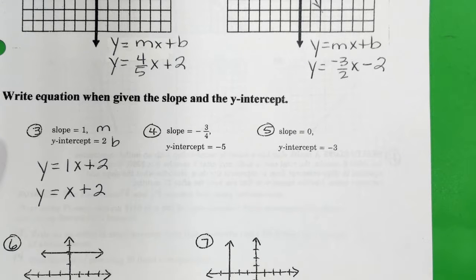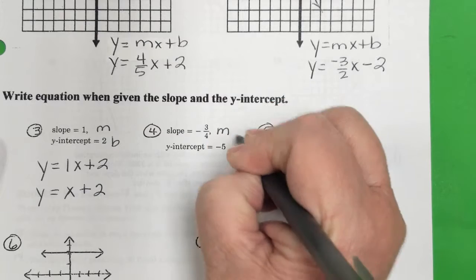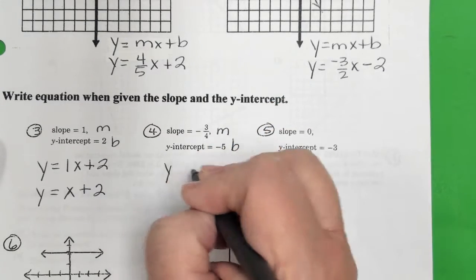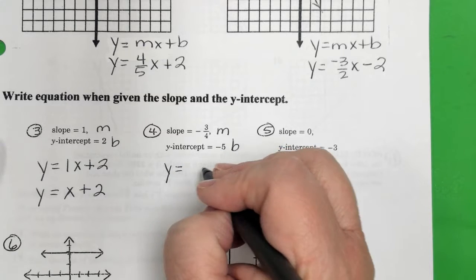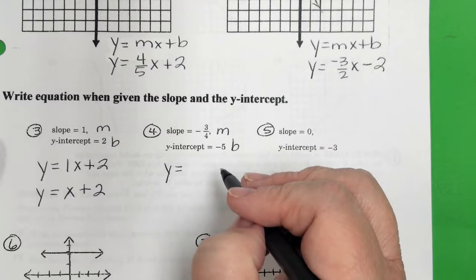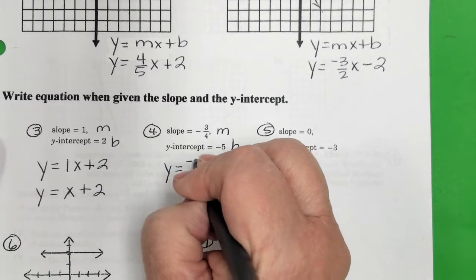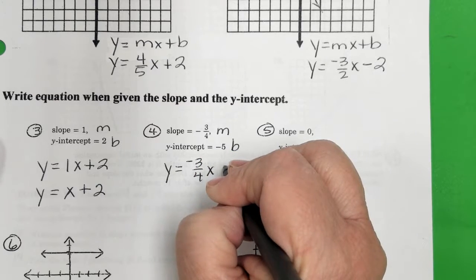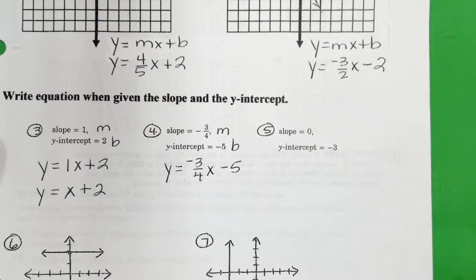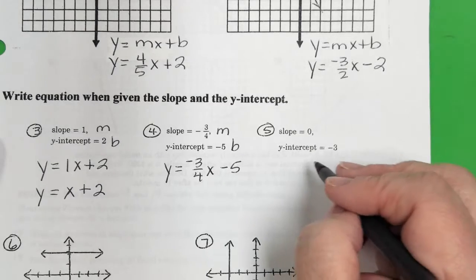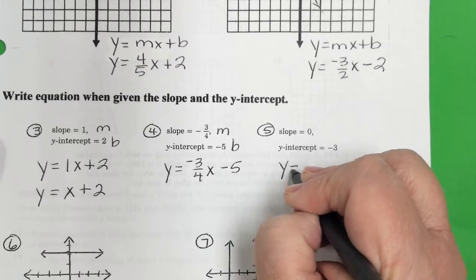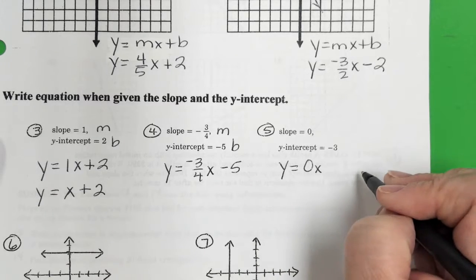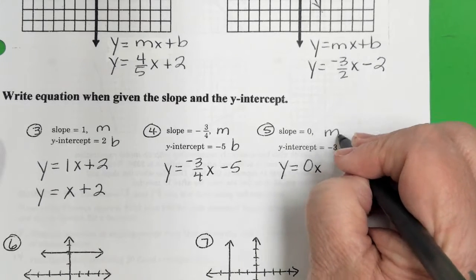Again, for problem number 4, they've given us the slope, they've given us the y-intercept. It's a matter of substituting in our variables slope m and y-intercept b. So -3/4 x minus 5. Next we have y equals, our slope is 0, so 0x.